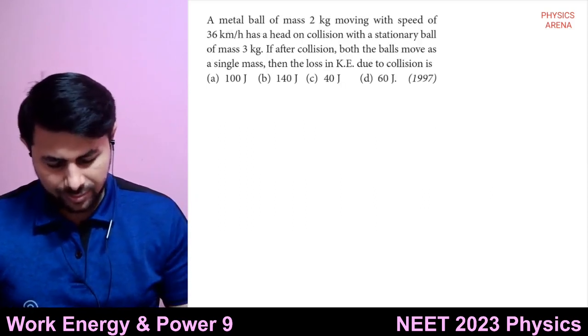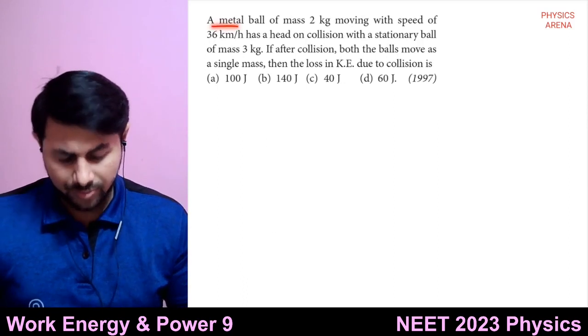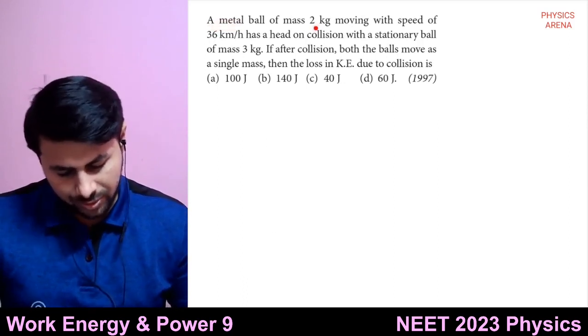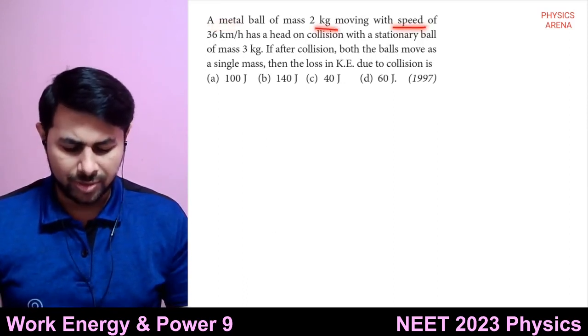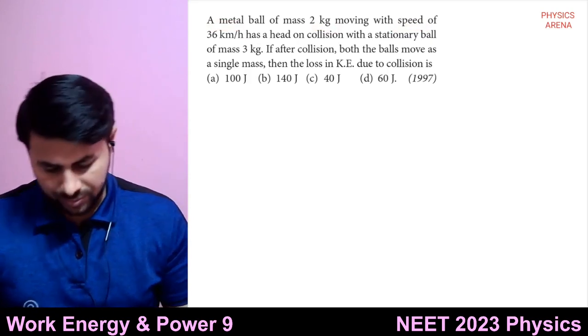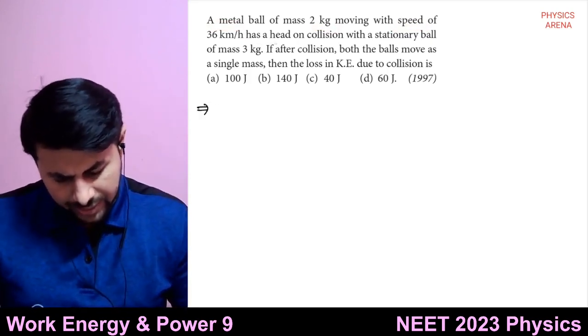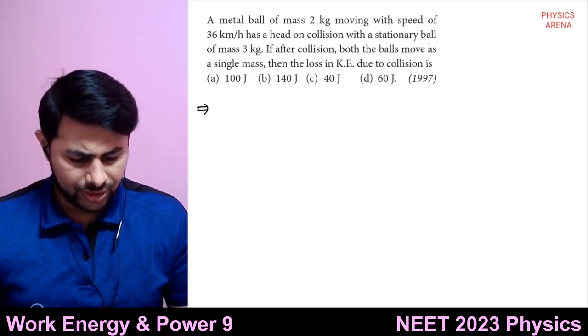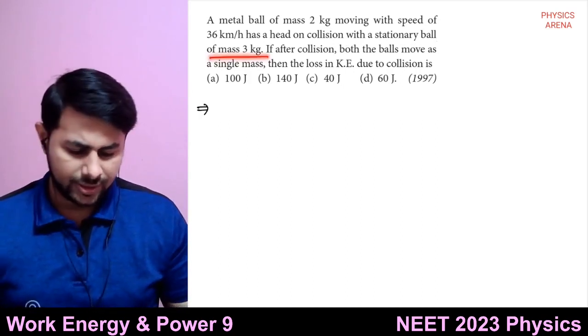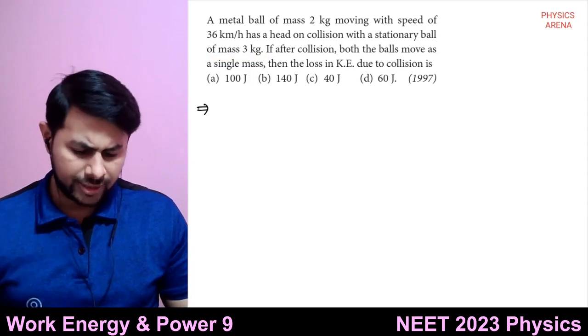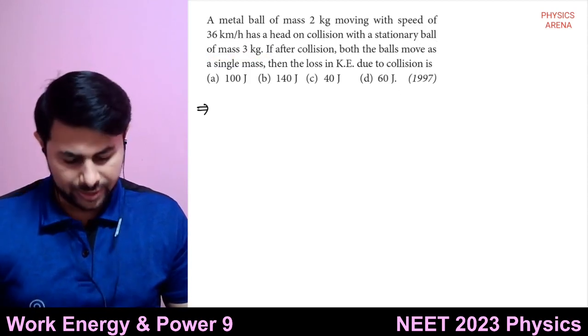Next one, a metal ball of 2 kg moving with a speed of 36 kilometers per hour has a head-on collision with a stationary ball of mass 3 kg. So the 2 kg ball collides with the 3 kg.